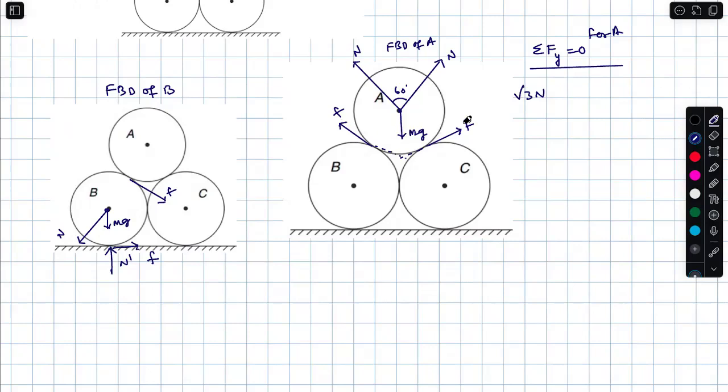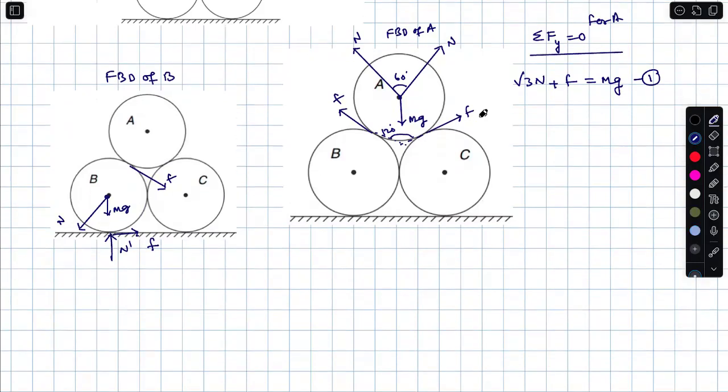So if two vectors of equal magnitude make an angle 120 degrees, the resultant will be same as one of the vectors. And that too upwards. And the only downward force is mg. Okay? Right. So for A, I have done.